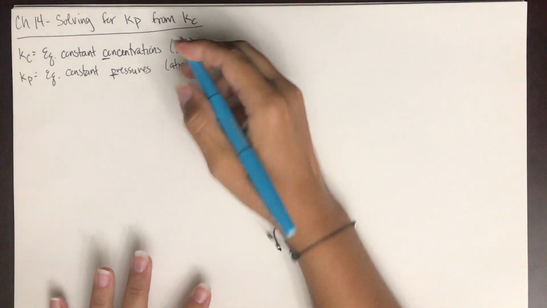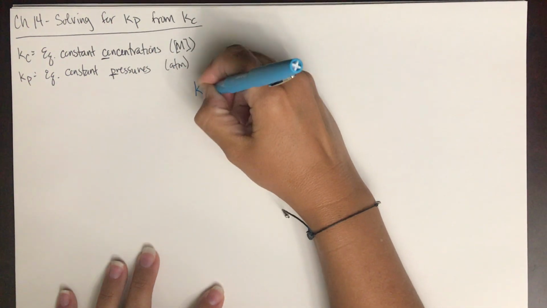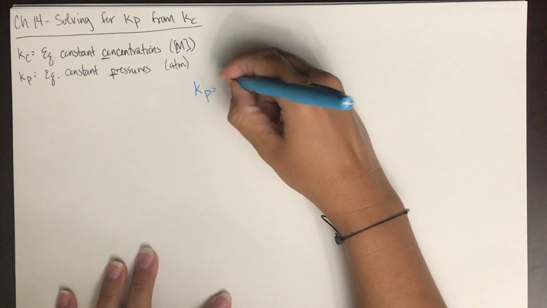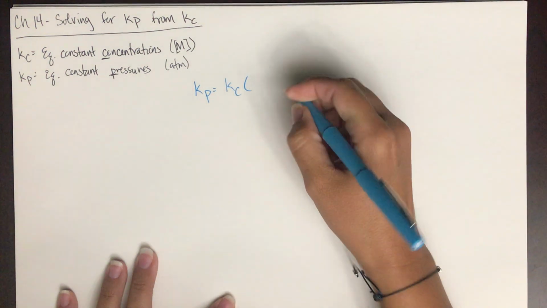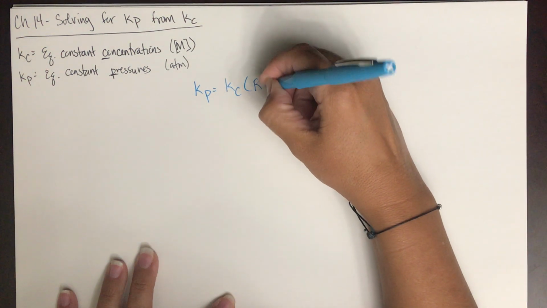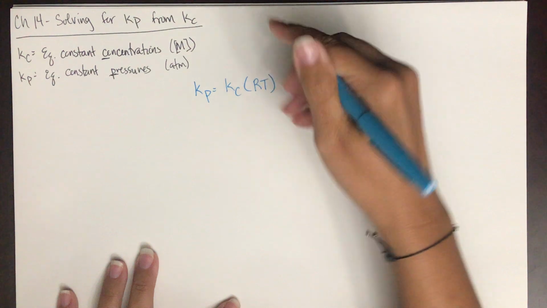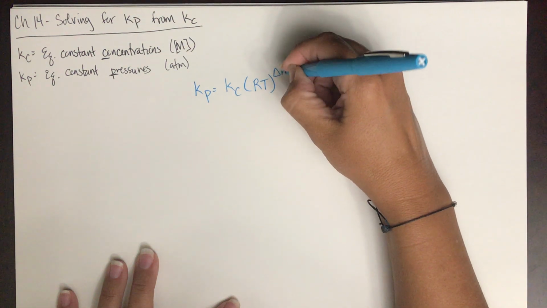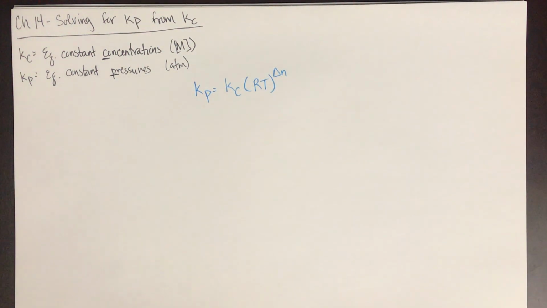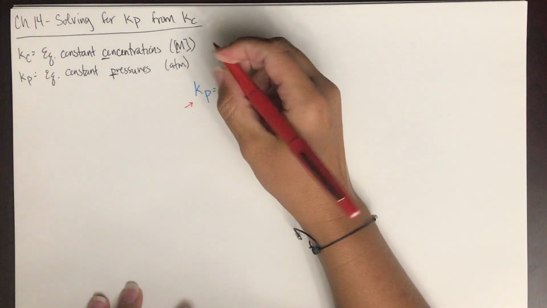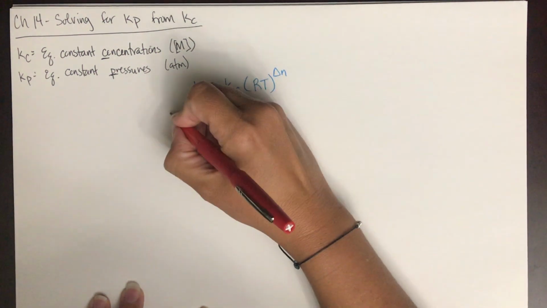So the formula says Kp equals Kc times RT raised to the exponent of change in n. So let's just break this down. So the Kp, this is the equilibrium constant using pressure.